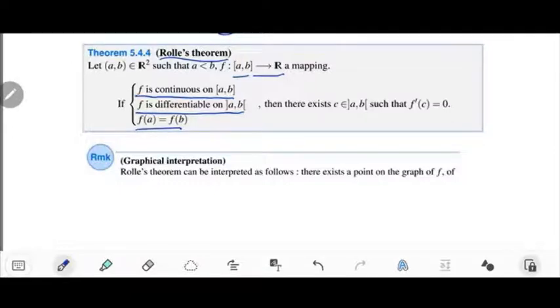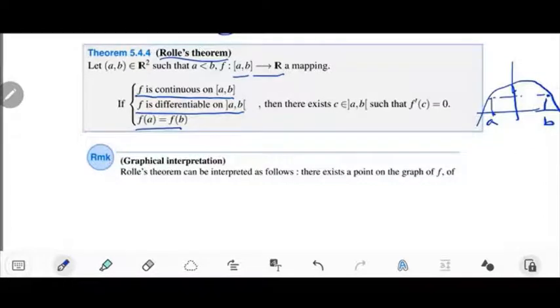It means that you have a function like this. It takes values, it's continuous and differentiable, and there is a point a where f of a is equal to the image of another point b. So you have f of a is equal to f of b.